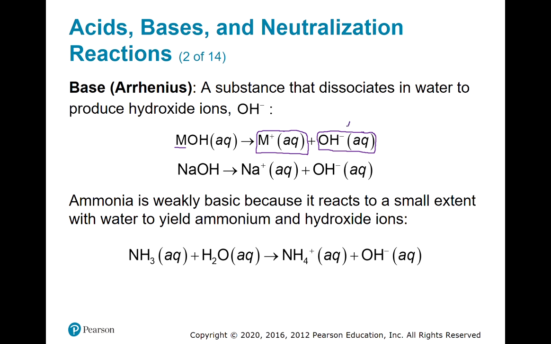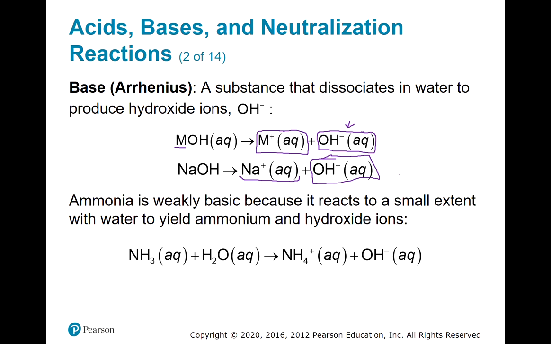And it's this thing right here that causes this to be a base. So if we look at one of our strong bases, sodium hydroxide, in aqueous solution, this will be present as dissociated sodium ions, which don't really affect much, and hydroxide ions, which make this a strong base.